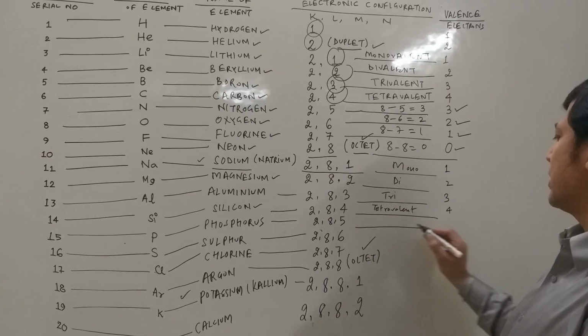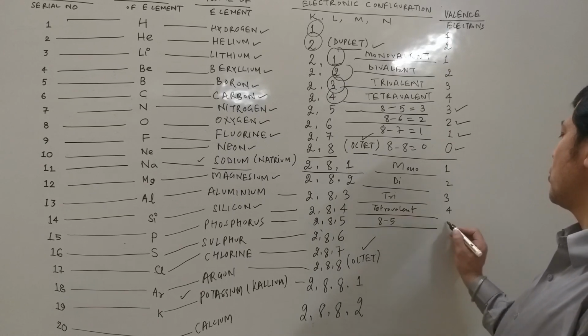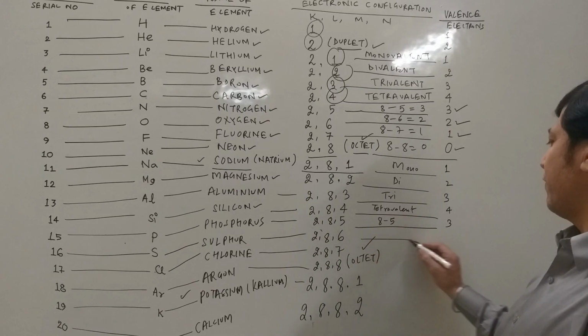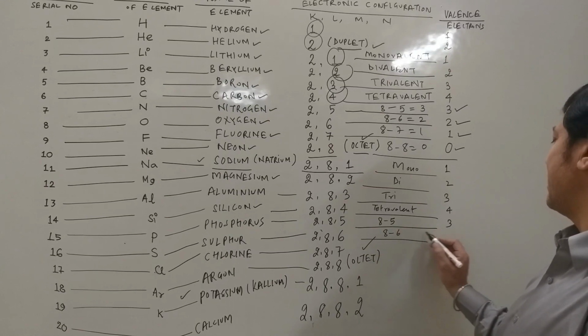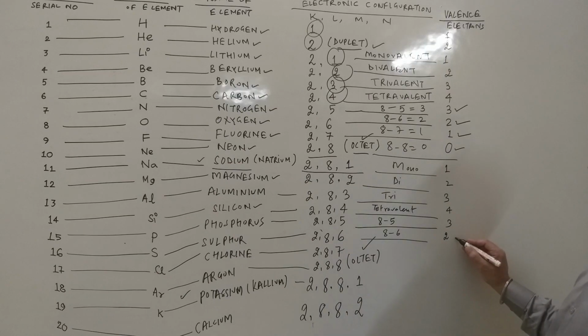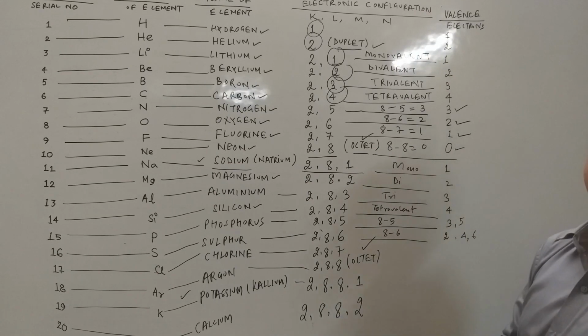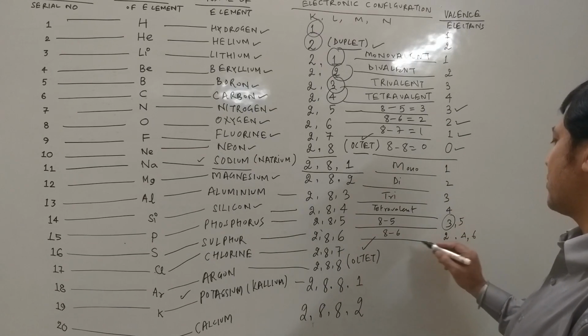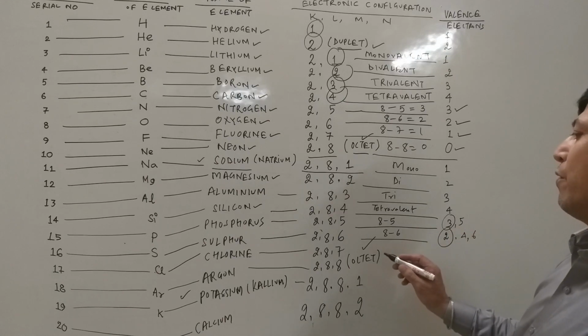What about phosphorus? Phosphorus shows a valency of 3 and 5 also. And sulfur shows a valency of 2 and 4 and 6 also. But by this calculation, you will say that the valency is 3 for phosphorus and 2 for sulfur.